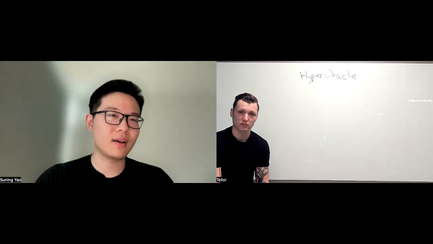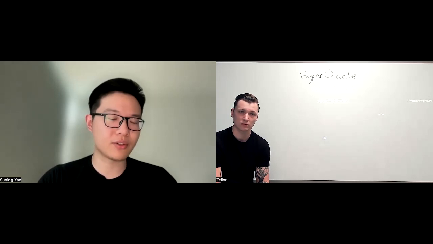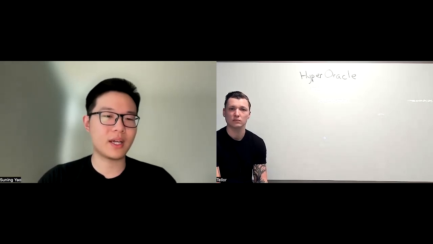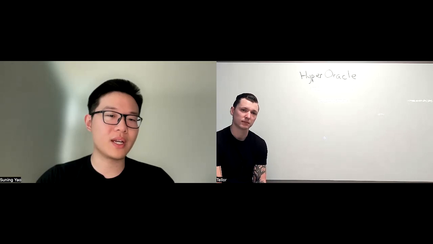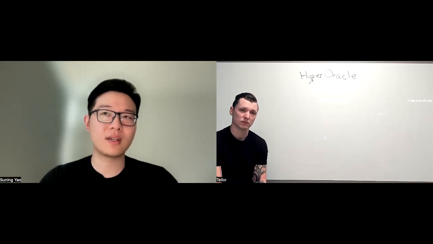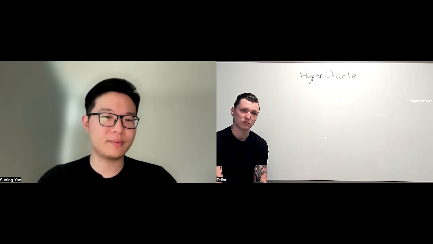Then if some condition is triggered, the off-chain computation result is sent back on-chain. So this is very much like an automation network, for example Gelato Network or Chainlink Automation. This is the IO Oracle we are building.